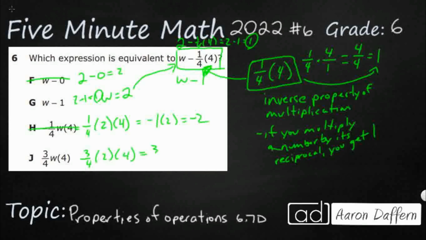So I'm going to make it 3/4 times 8. 4 times 2 is 8 over 1. So that's going to be 24 over 4, which makes 6. Yeah, none of these are even close. So we just need to recognize this is a very simple representation of the multiplicative inverse property. Our answer is G.